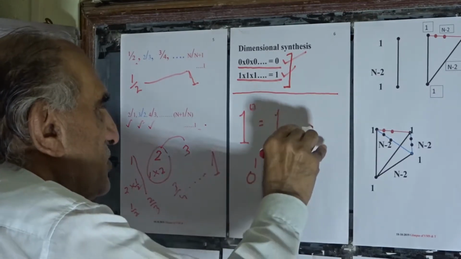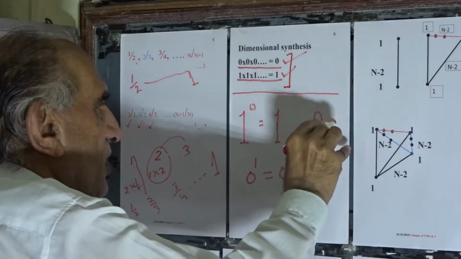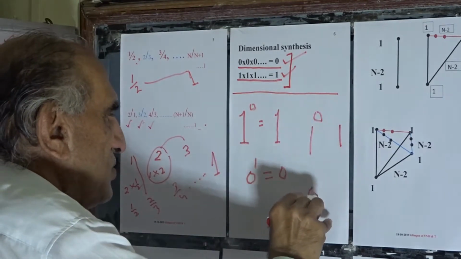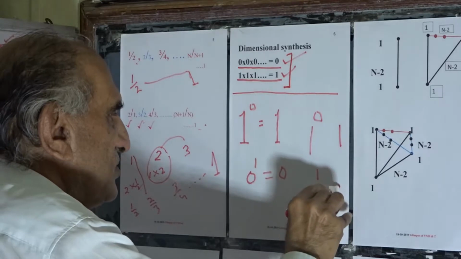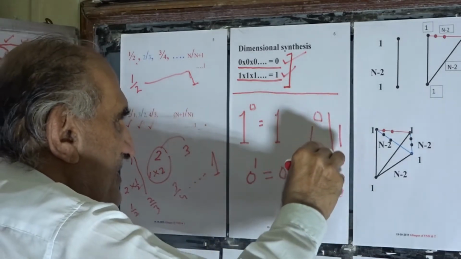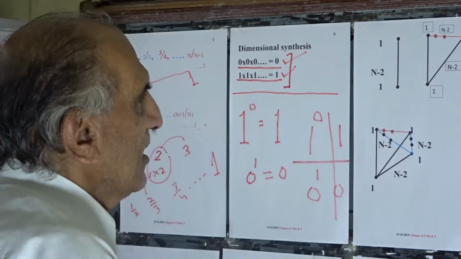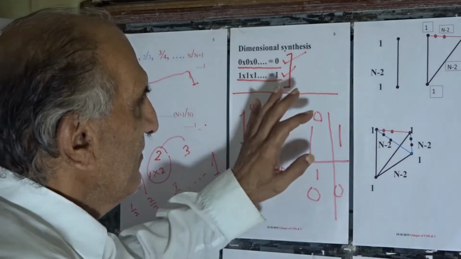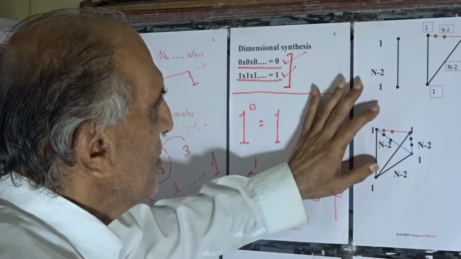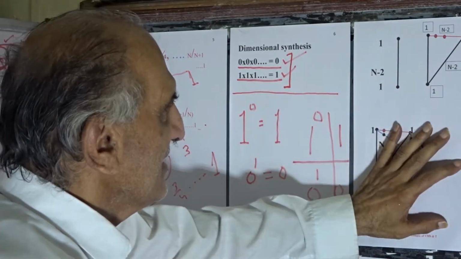It is this reach, 1 raised to power 0 as 1 and 0 raised to power 1 as 0, which is the underlying format which is availed by the Vedic systems to reach at the dimensional synthesis.